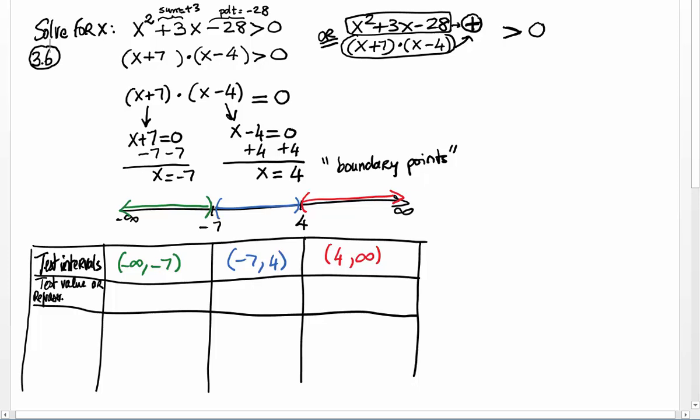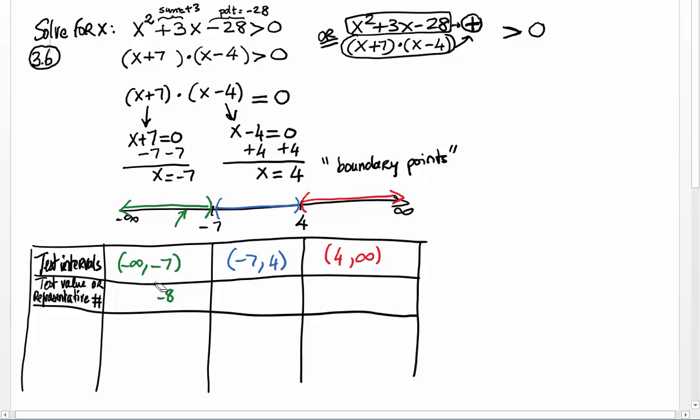I'll just put number like that. I don't have much room. So what do we pick for the green interval? You can pick anything you want. How about I choose x equal to -8? And usually we don't bother saying x equal, it's just implied. I just put -8 is my value.